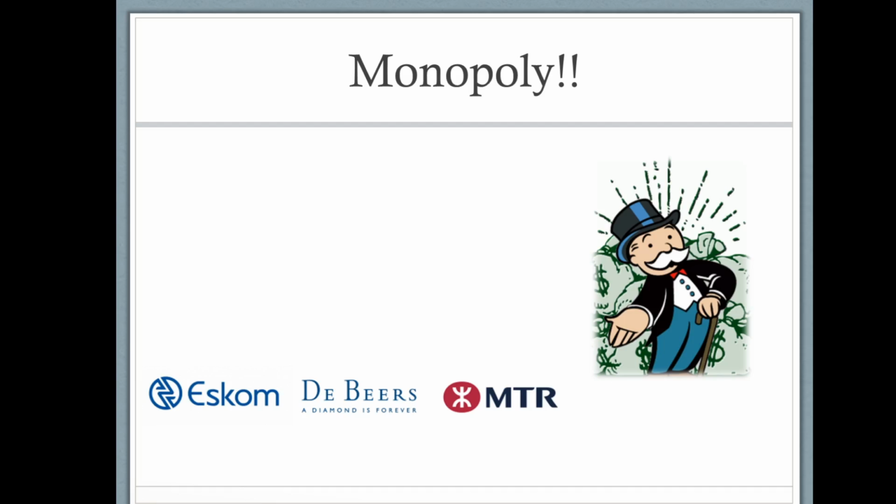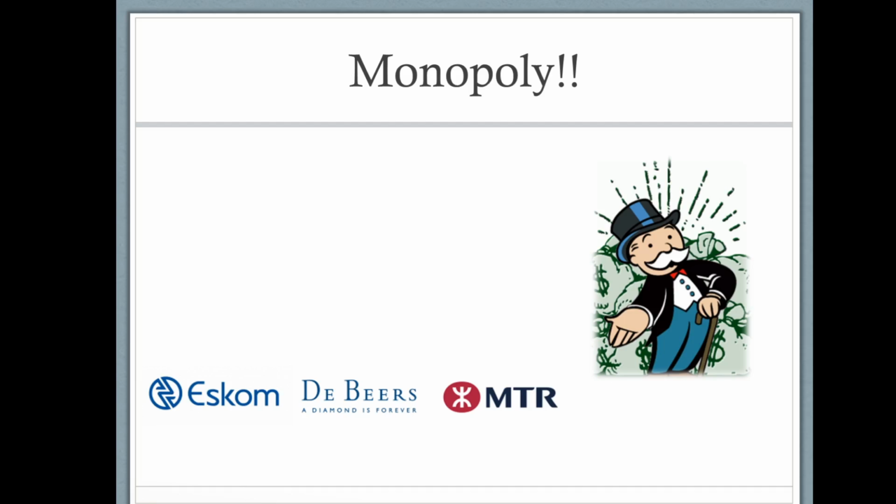Anything else? What makes them a monopoly? There should be some very key characteristics which make them a monopoly. Do you still remember the terminology? Yeah, barriers to entry. That is very important.